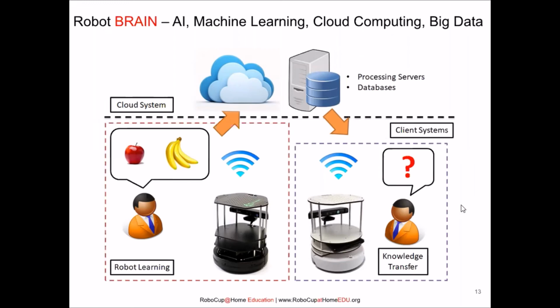Right, so the last part of the service robot that we developed is about the brain, the AI, the intelligence. We use a lot of machine learning and cloud computing techniques for this kind of development. One of the very important things for us is the ability to shift the computing requirement to the cloud.